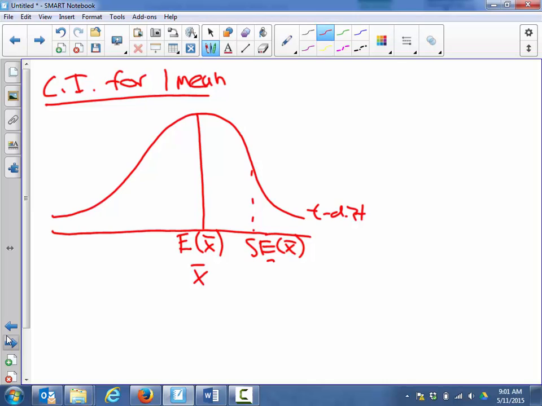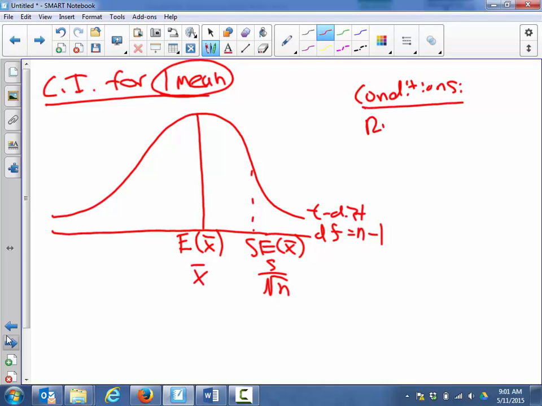This is a t-distribution because you don't know the population standard deviation. So the standard error of a sample mean is going to be s over radical n. Remember that for one mean, your degrees of freedom are easy. That's just n minus 1, your sample size minus 1.